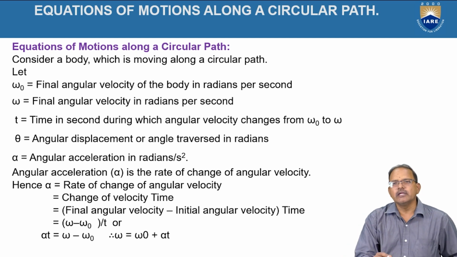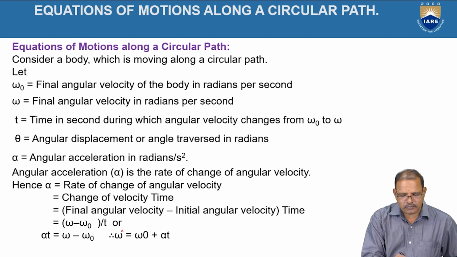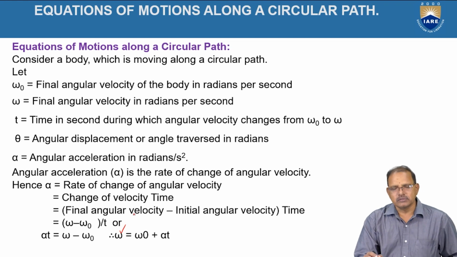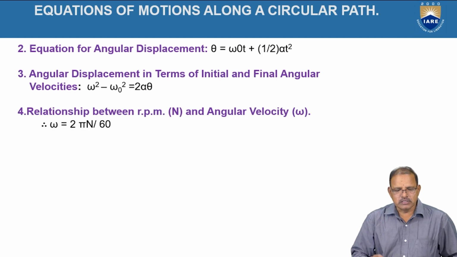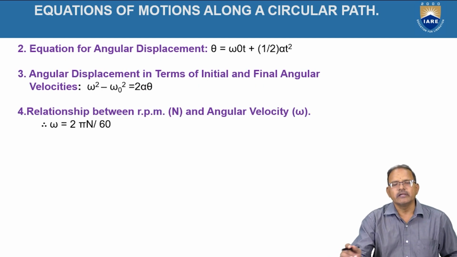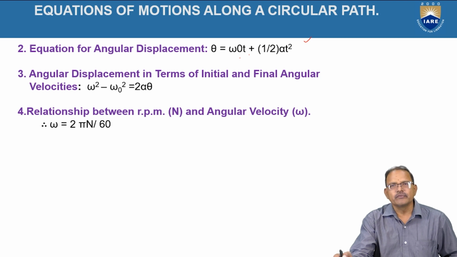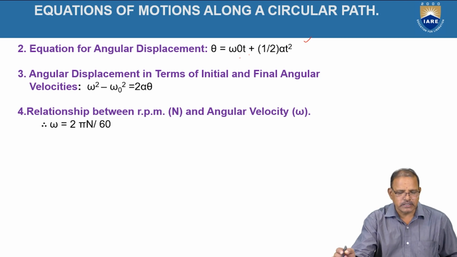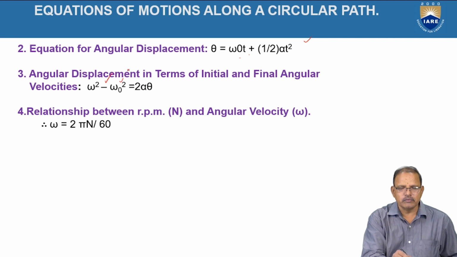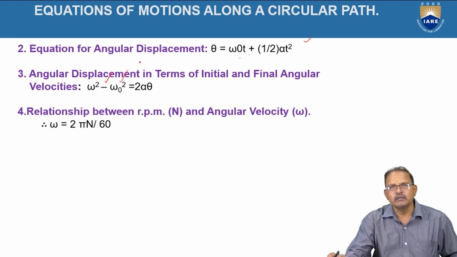Then the relation between initial velocity and final velocity is given by omega is equal to omega naught plus alpha t. Similarly, angular displacement is given by theta equal to omega naught t plus 1 by 2 alpha t square. The relationship between initial and final angular velocity, angular acceleration and angular displacement is given by omega square minus omega naught square equal to 2 into alpha into theta.